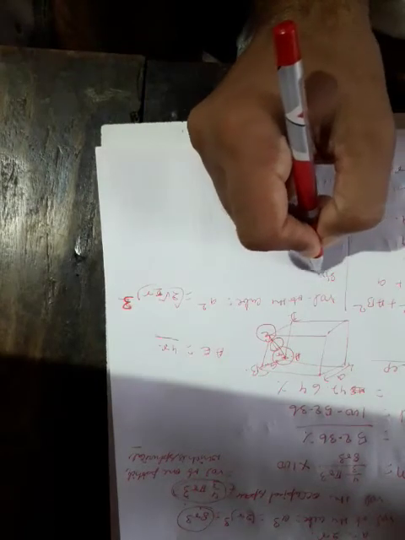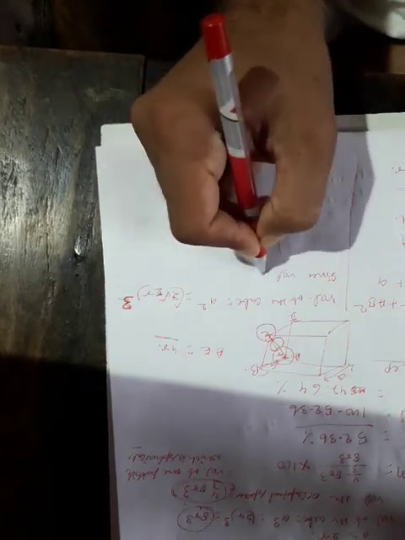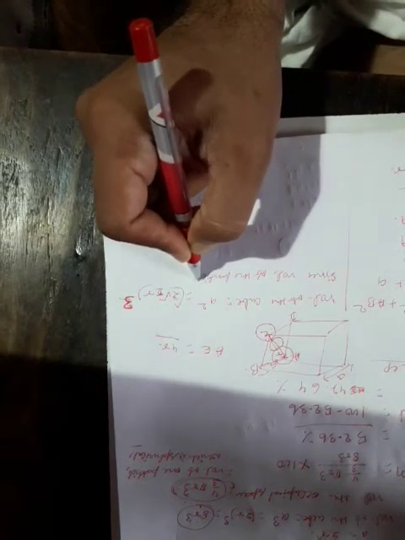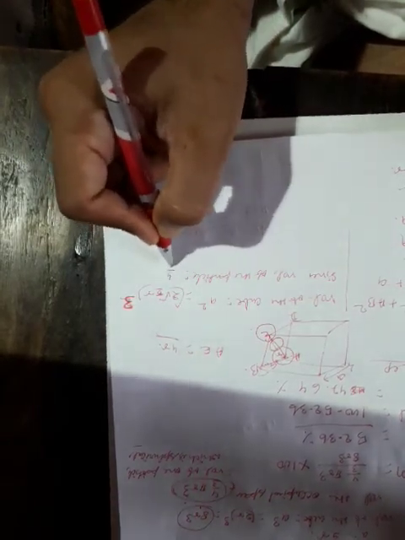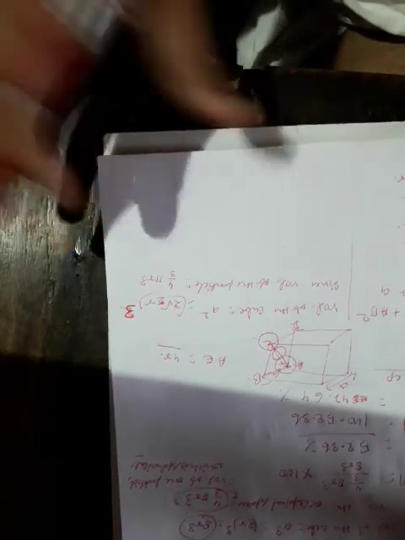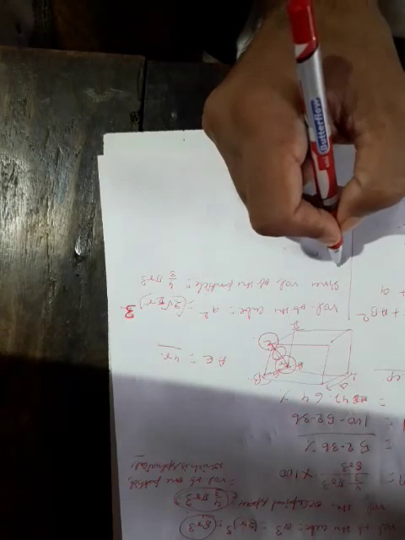Since the volume of the particle, which is spherical, is equal to 4 by 3 pi r cube.